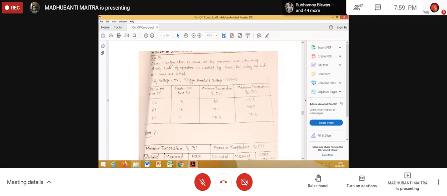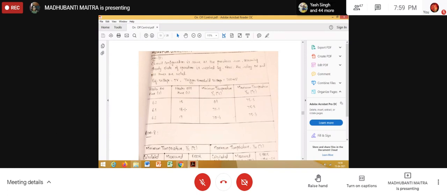So heater on time 62, and the maximum temperature that they have recorded was around 75 or almost 76 degrees, which is not the correct value.